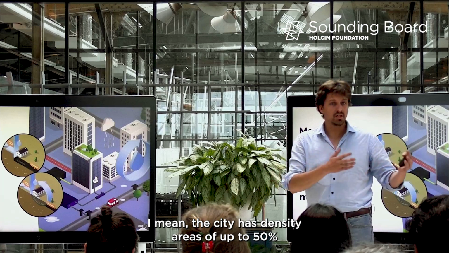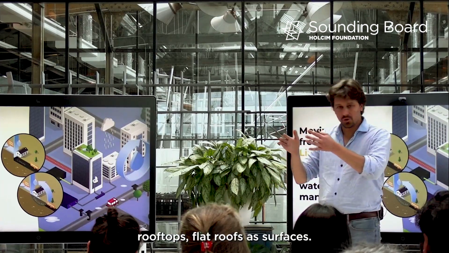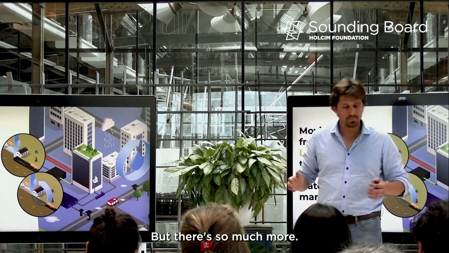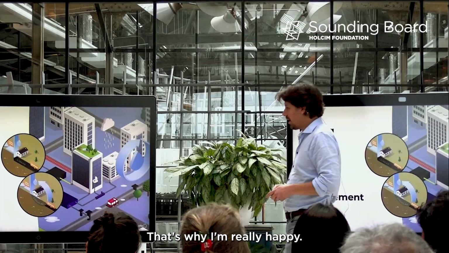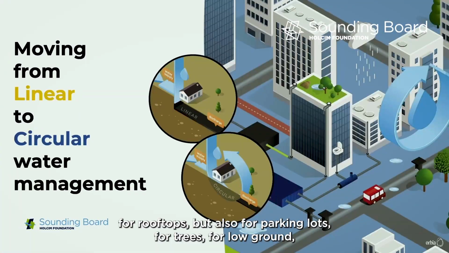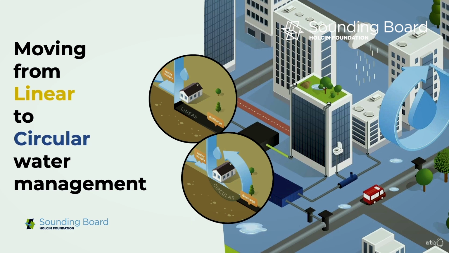I mean, the city has density areas of up to 50% rooftops, flat roofs as a surface, but there is so much more. That's why I'm really happy I am part of a company that's not only providing solutions for rooftops, but also for parking lots, for trees, for low ground, all sorts of solutions to make our cities more sustainable in water management.